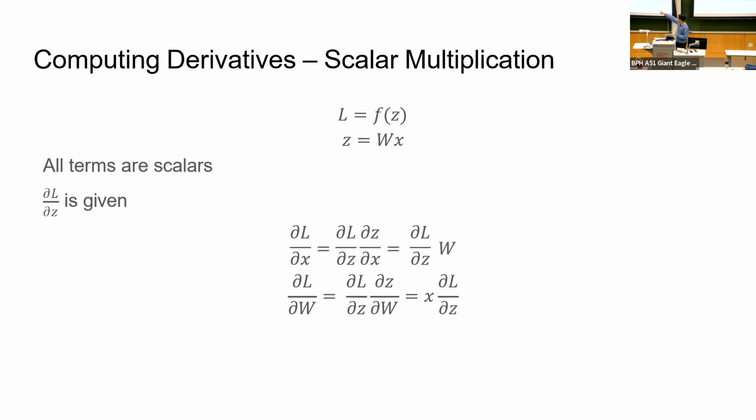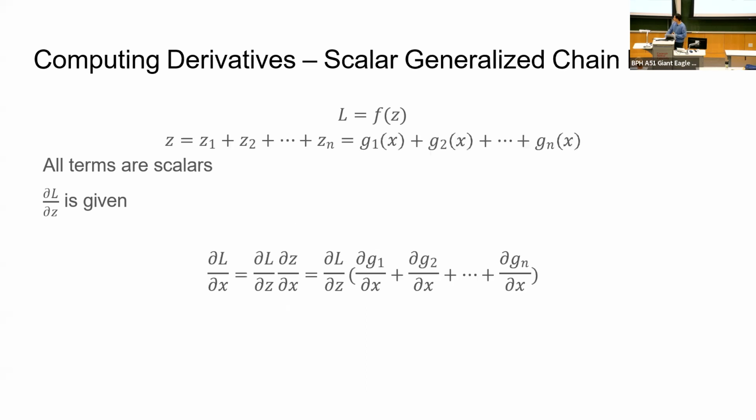If you look at the order of the derivative here, towards the right side, del L by del z times w, and the x is written before del L by del z. The order doesn't really matter here, but it will matter when we are dealing with vectors. Because we're dealing with scalars, the order doesn't matter. And it's again a simple partial derivative of L by z times z by x, which gives us the 2 derivatives.